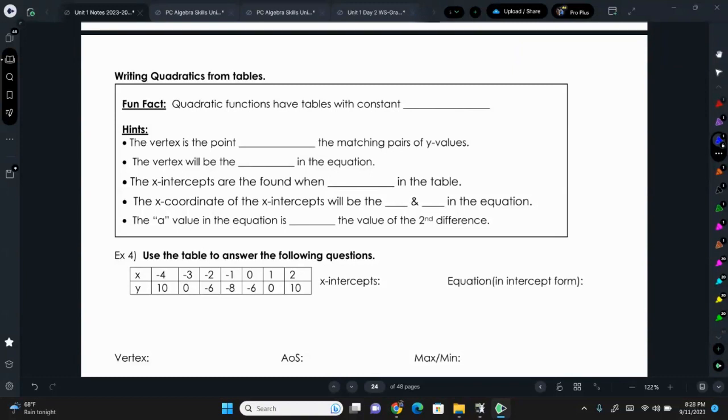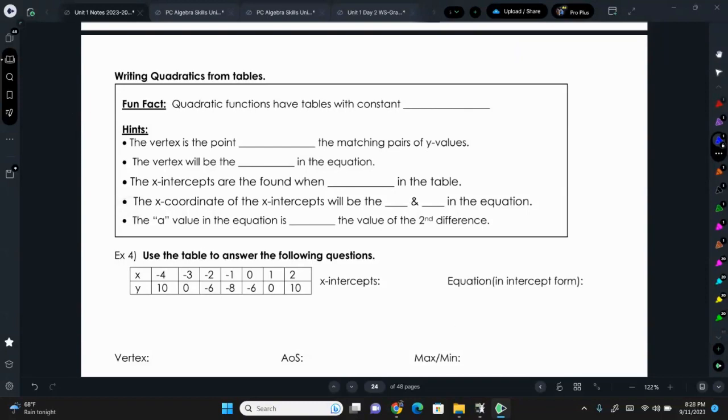So we just finished writing equations of quadratics in all three forms, given the points of the quadratic, a vertex, some x-intercepts, and we were only given just enough information to write the equation. Now we're going to write the equations from tables, and you have a couple options when we do this.